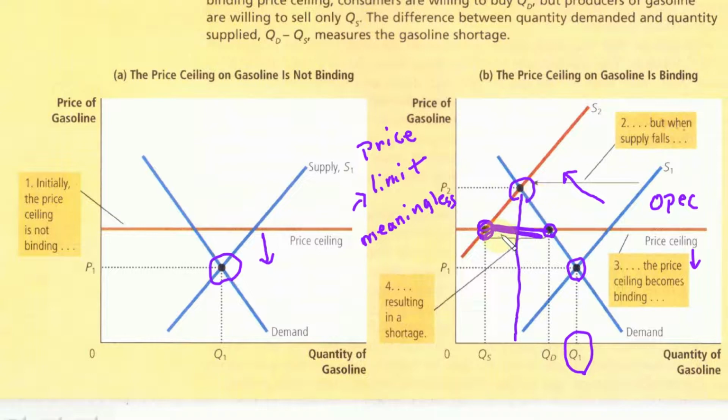Because the supplier could supply at this price ceiling, but they don't want to.